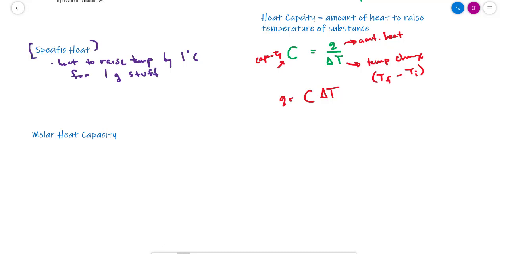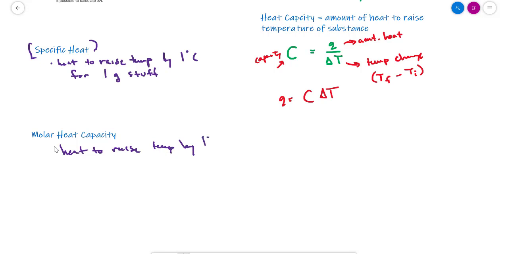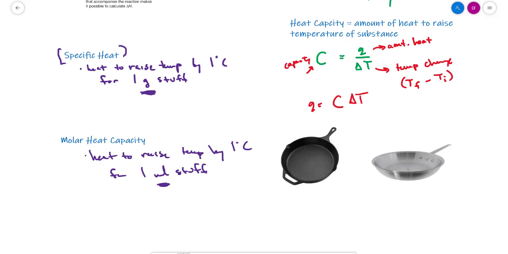We could also think about it from a molar heat capacity perspective, which is very similarly the heat to raise the temperature by 1 degree C for 1 mole of the stuff. Depending on whether we're working in grams or moles of a substance, both can be useful. That's just a slight unit change based on the molecular weight or formula of that compound.